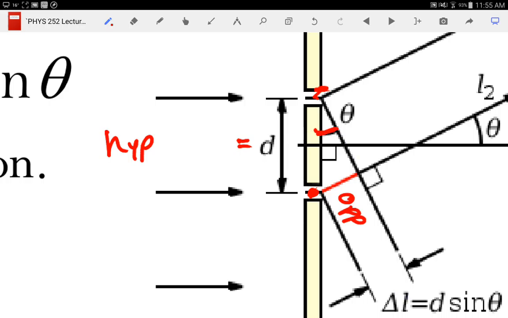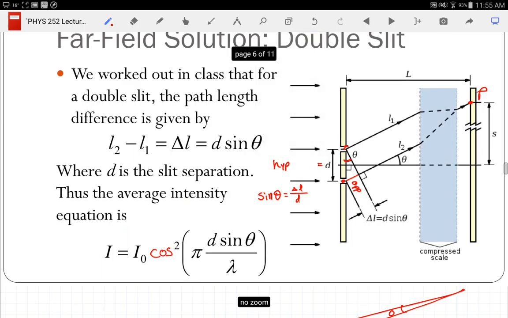We know the hypotenuse, sine theta, is equal to the opposite, delta L, over the hypotenuse, D. And so delta L is just D times sine theta. Of course, what is that theta, you ask? Right? I introduced this angle theta, I just moved my problem off one step further.